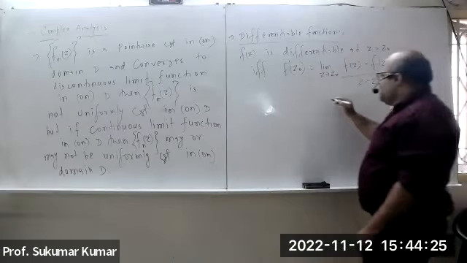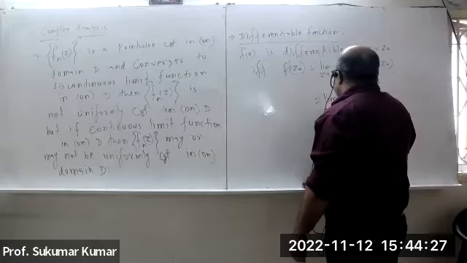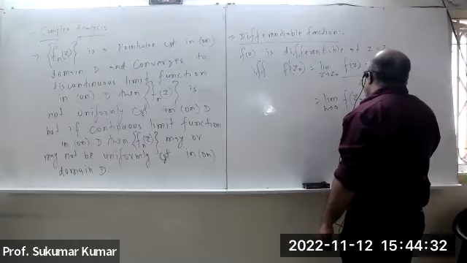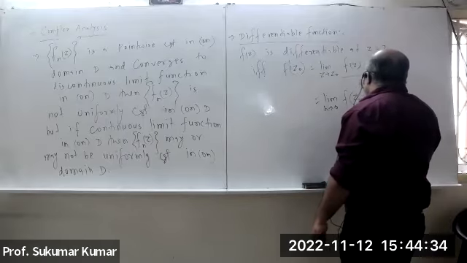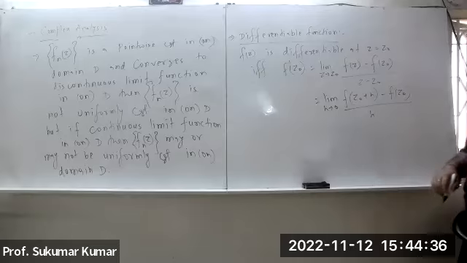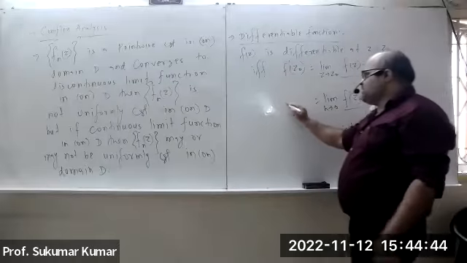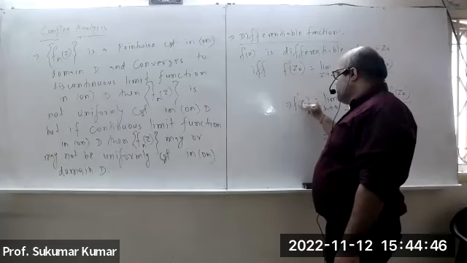You can also use limit h tends to 0 of f of z naught plus h minus f of z naught by h. No problem. And this limit has to exist. If it does not exist, not differentiable; if it exists, differentiable.